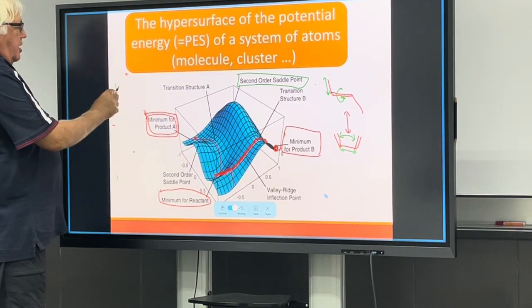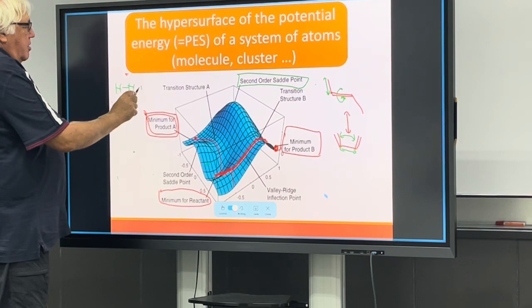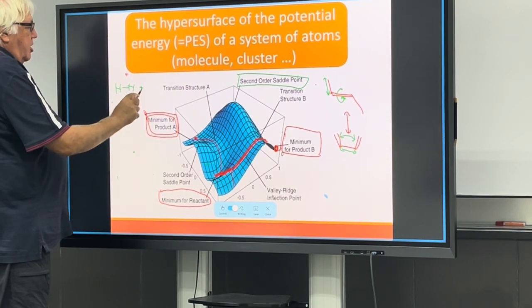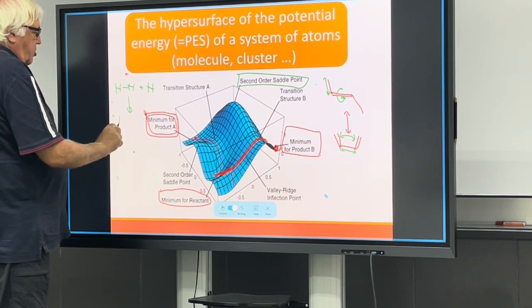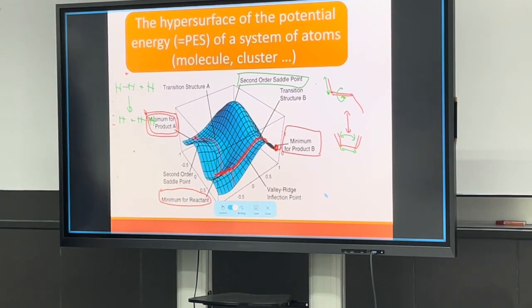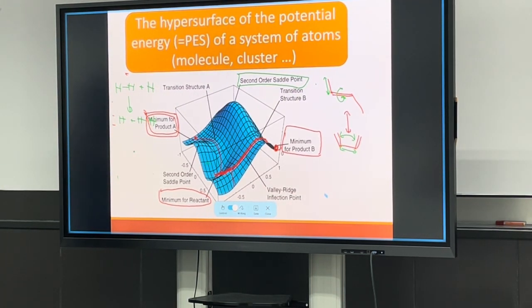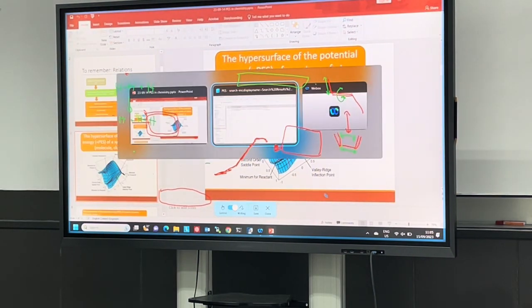They just studied the reaction hydrogen molecule plus hydrogen becomes hydrogen atom plus hydrogen molecule. And if you look in the internet, you find many examples where these potential energy pictures are shown.